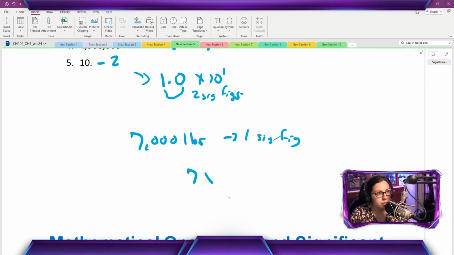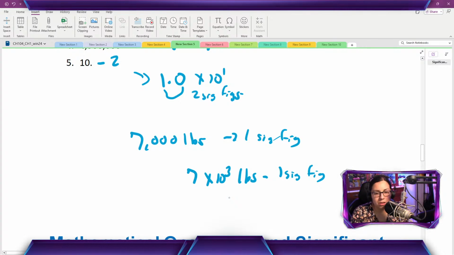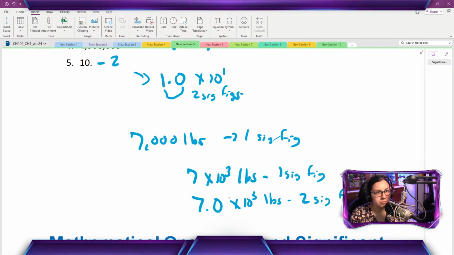So we could do 7 times 10 to the third pounds. That's 1 sig fig. But what if we said, well, actually, we can measure to the hundreds accurately with this scale. So that could be 7.0 times 10 to the third pounds. So now we have 2 sig figs.